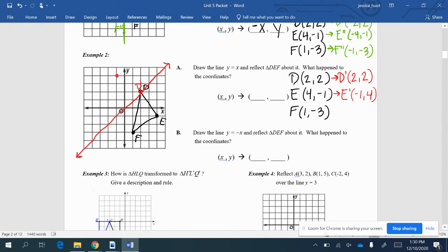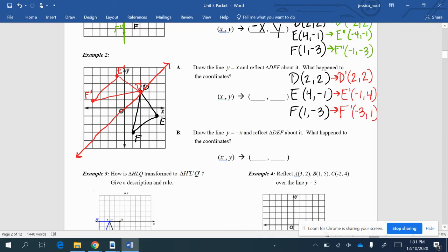It's right here, E prime. And then F, kind of count that one too, right here, F prime. So then F prime is at -3, 1.